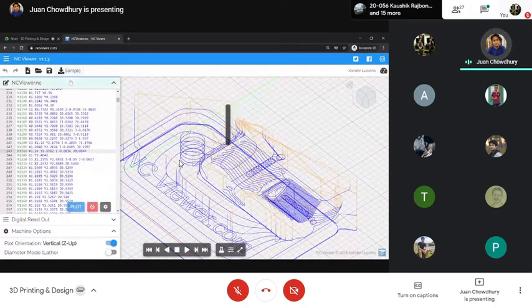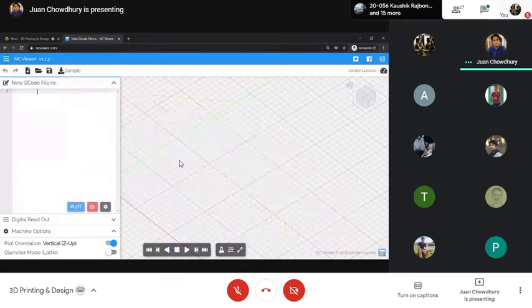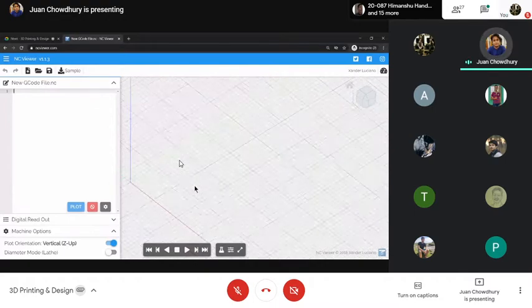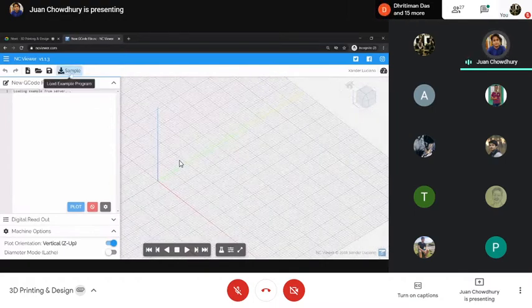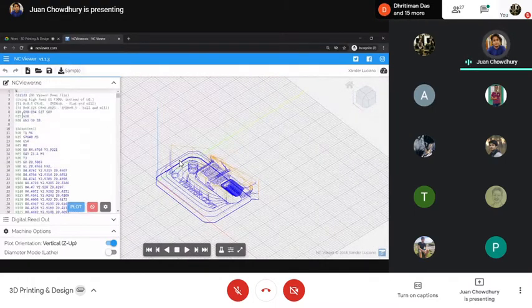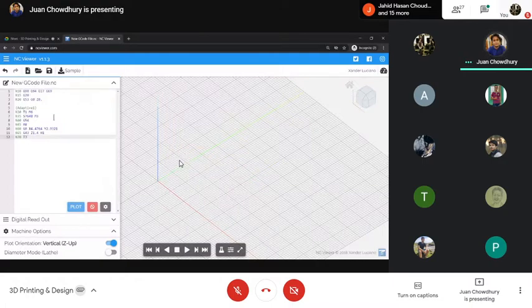Let me give it a try. If I start with a new file, I should copy some part of it because some stuff is predefined. So let me copy this element into the new code. N10, N15, N20 are nothing but line numbers.